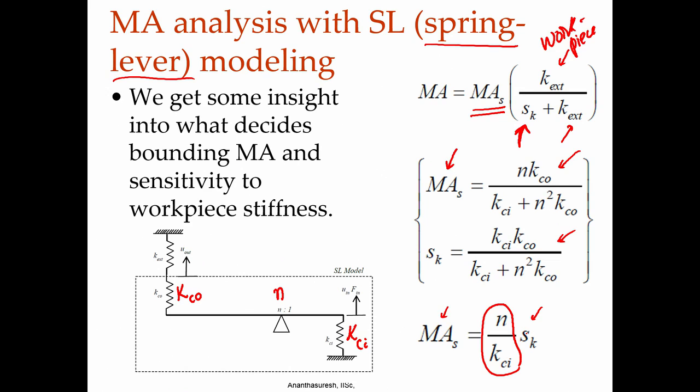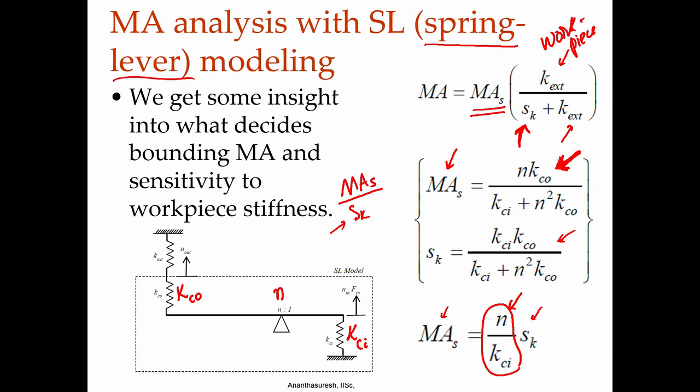If we want to optimize so that we maximize MEIS by Sk, then it amounts to maximizing n by Kci, because I want to maximize MEIS and minimize Sk, so I put it in the denominator. So, I have to make n by Kci large. It is not as simple, because MEIS also depends on Kco, as we see in this formula. It is all interrelated.